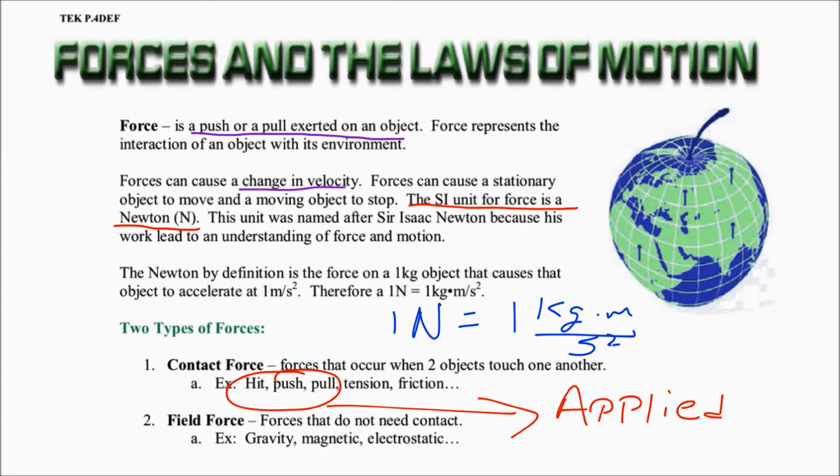And then we have other things like tension force, friction, buoyant force, and we'll talk a little bit more about all of that stuff here in just a second. The field forces would be gravity, the magnetic force, or the electrostatic force. And oftentimes we will group these last two things into the electromagnetic force.